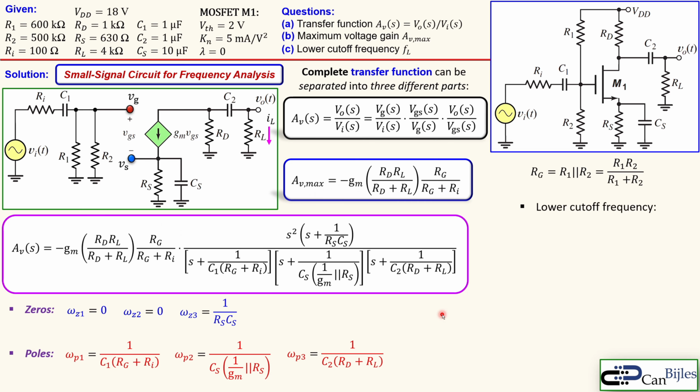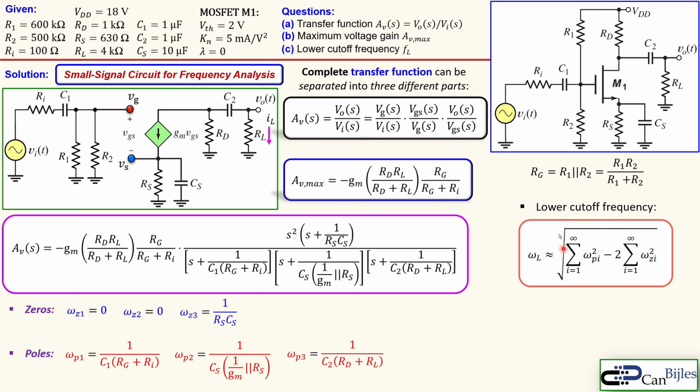Now the lower cutoff frequency, which was the final part, can be calculated using this approximate expression, where you see the square root of the summation of the poles squared each, and then minus 2 times the summation of the zeros squared. So you start with the poles and then do minus 2 times the summation of the squares of the zeros.